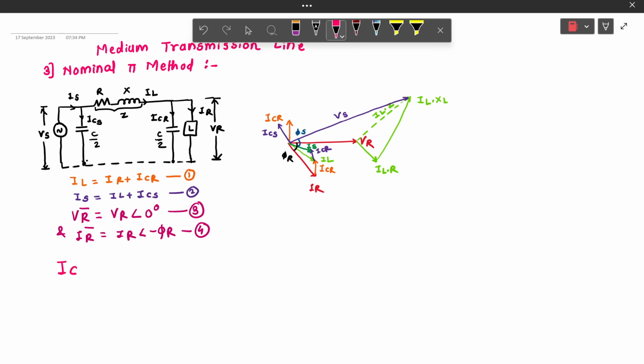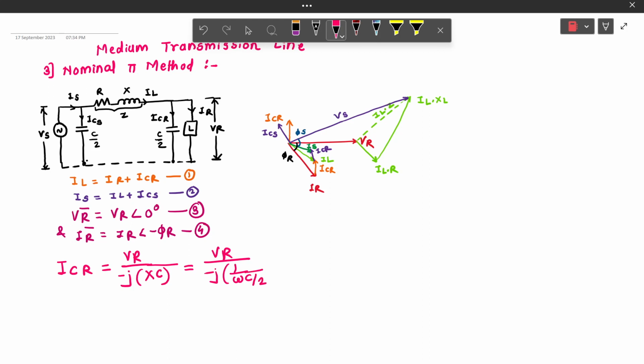First, we will calculate ICR is equal to, according to Ohm's law, I is equal to V by R. Hence, ICR is equal to VR upon minus j Xc, is equal to VR upon minus j Xc. Xc is nothing but 1 upon omega c. But here c is half of its total capacitance.